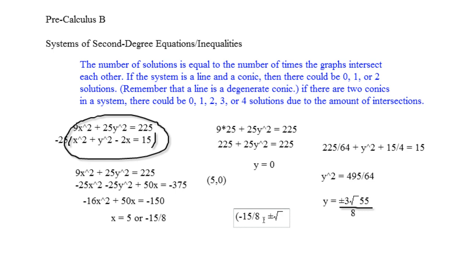We all know this: 3 root 55, and we'll put the parentheses on the end there, and then over 8. That's the really cool thing about working with this stuff: they're designed to come out with some not so nice and neat answers, but answers that you can actually work around. But that's it for solving systems of second degree equations and inequalities.